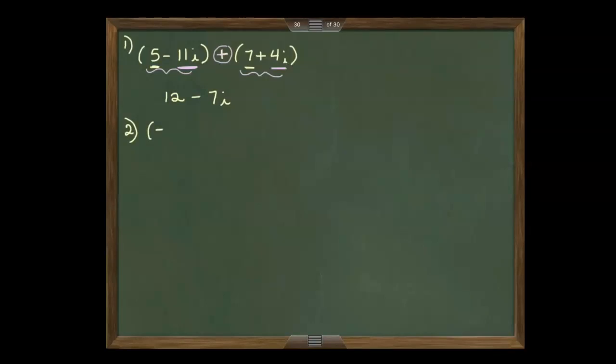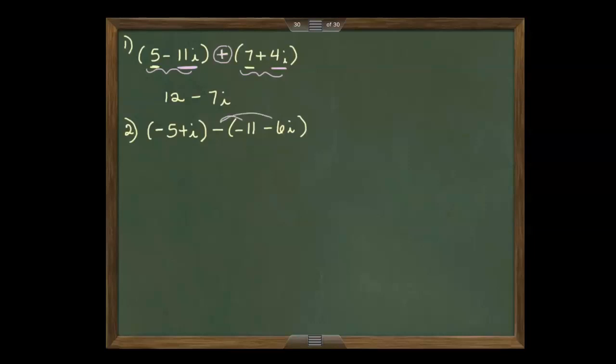Now let's take a look at subtracting. Negative 5 plus i minus negative 11 minus 6i. Subtraction works just like addition, with the exception of distributing the negative sign.